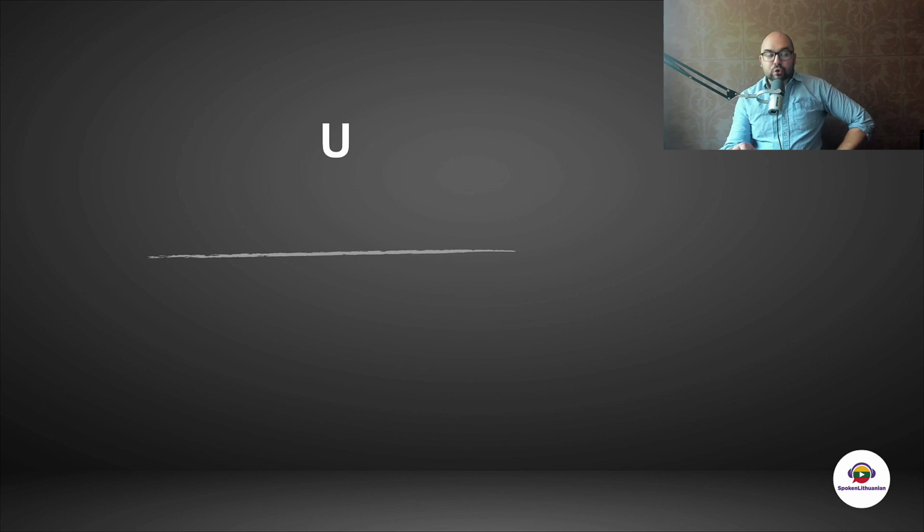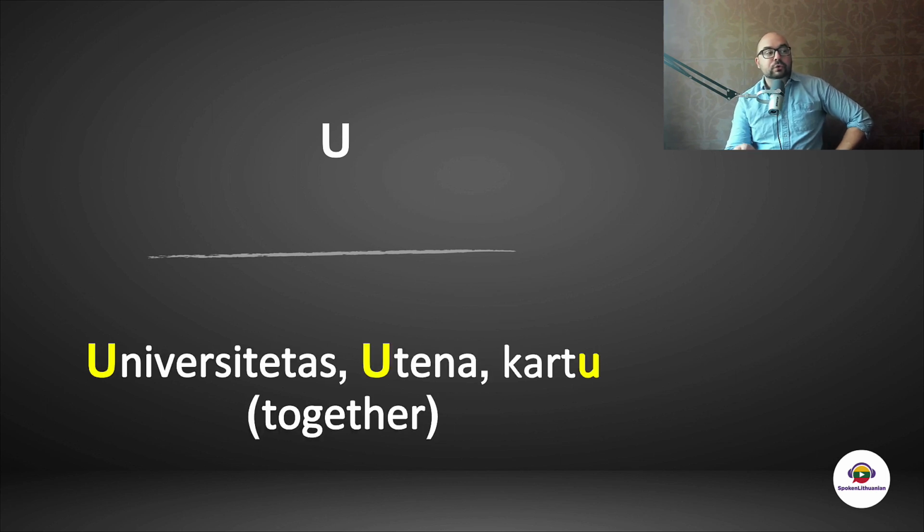Now we have the long U. That would be like universitetas. Utena, that's a city in Lithuania. Kartu, that would be together. It's not like a bus sound, like bus.